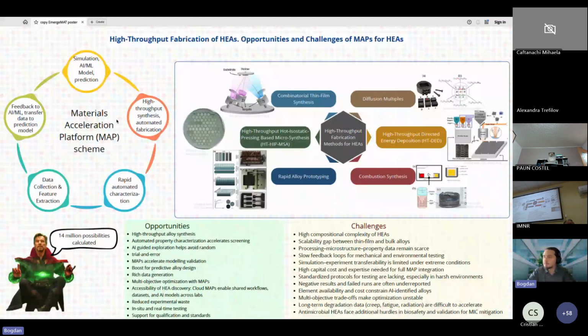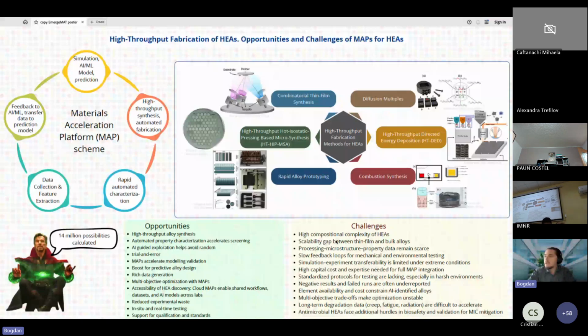Here is some analysis of available high throughput synthesis techniques which could be suitable for high entropy alloy fabrication by different methods. This is just one part of this cycle. Below there is the analysis of opportunities and challenges in the application of this concept.